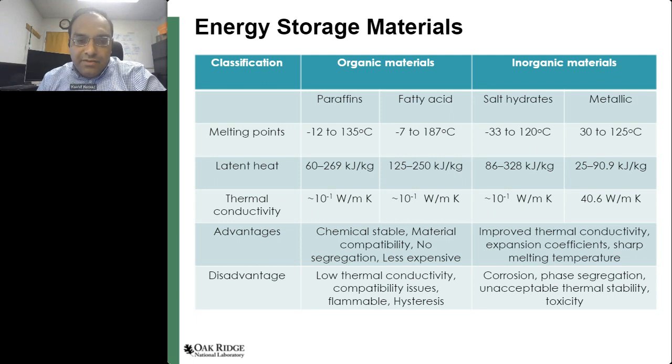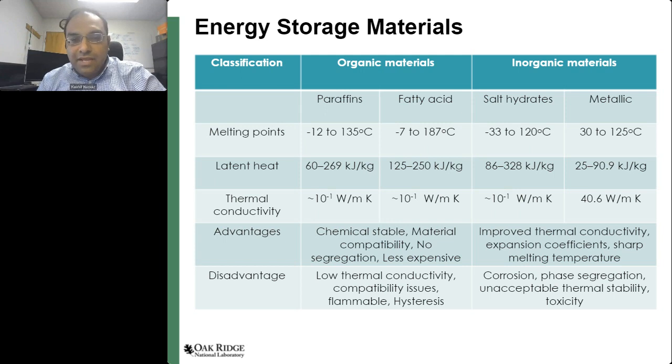Some of the advantages are related to the chemical stability of these materials. They are compatible, they don't really cause any segregation, and of course, they are less expensive. On the disadvantage side, obviously, these materials have a low thermal conductivity. There can be some compatibility issues, and flammability is essentially one of the major demerits.